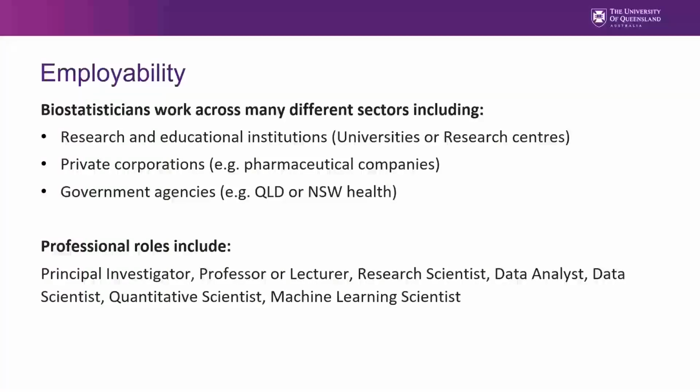And when you see these jobs listed, they might not always be listed as statistician or biostatistician. Sometimes these roles might be listed as principal investigator, professor or lecturer, research scientist, data analyst, quantitative scientist, or machine learning scientist.